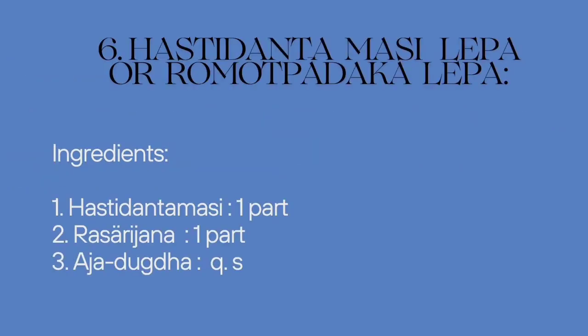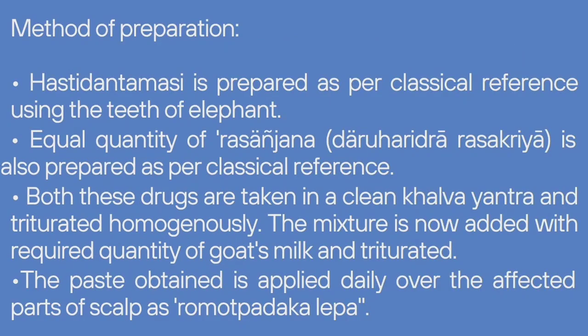Hastidanta Masi Lepa or Romotpadaka Lepa ingredients: Hastidanta Masi 1 part, Rasanjana 1 part, Ajadugda required quantity. Method of preparation: Hastidanta Masi is prepared as per classical reference using the teeth of elephant. Equal quantity of Rasanjana is also prepared as per classical reference.